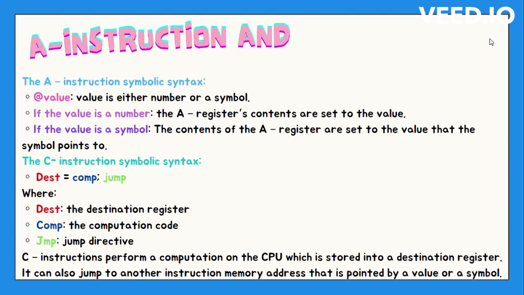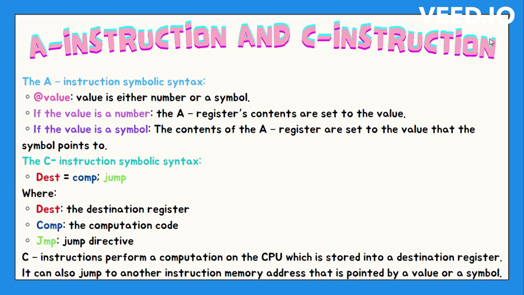So just for a second, let me give you a quick tour of what A instruction and C instruction are. An A instruction has a symbolic syntax of @value, which can be a number, that is a non-negative decimal value, or a symbol.